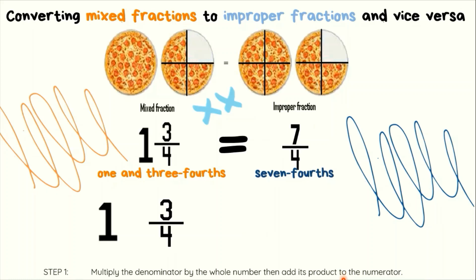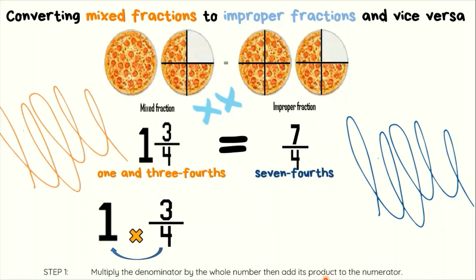First step para tayo makapag-convert ng isang mixed fraction to improper fraction ay multiply the denominator by the whole number, then add its product to the numerator. Ito ang ating denominator, ito ang ating numerator, at ito ang ating whole number. Sabi ay unahin daw na i-multiply si denominator kay whole number.